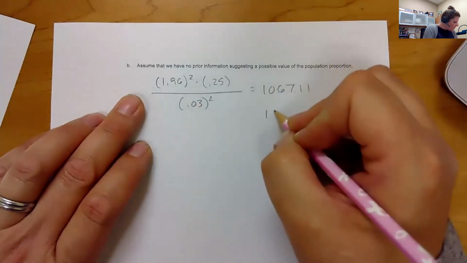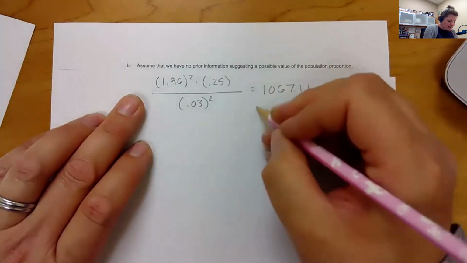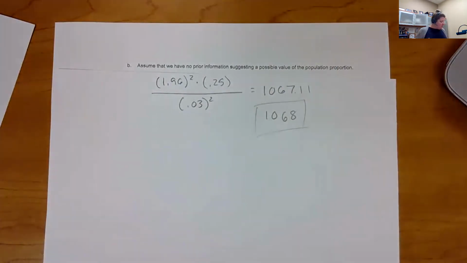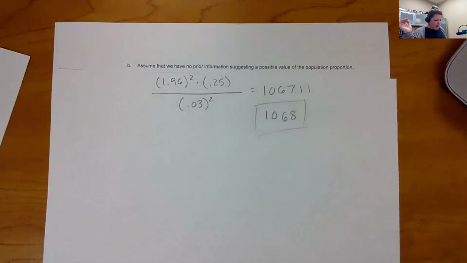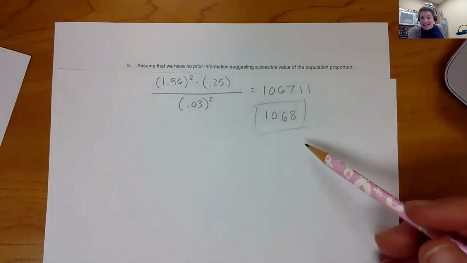And what am I going to get? 1,067.11. So we use 1,068. So I need to survey 1,068 people. So it's a little bit different from knowing the population proportion. So we went from 683 to 1,068.